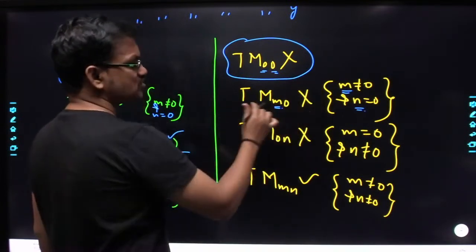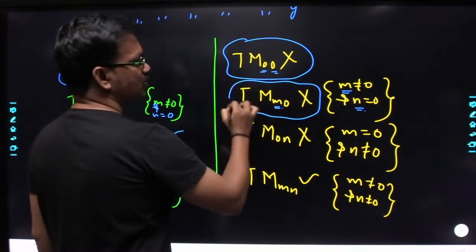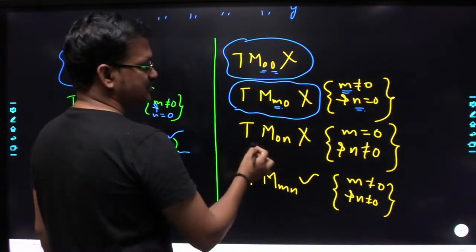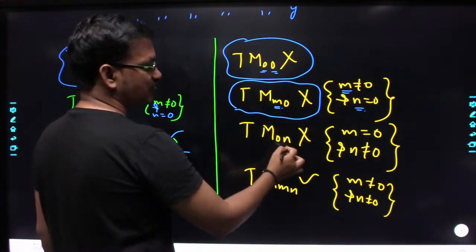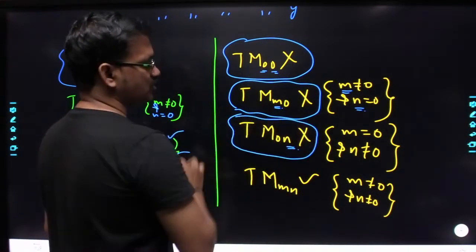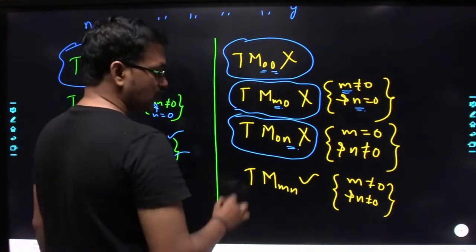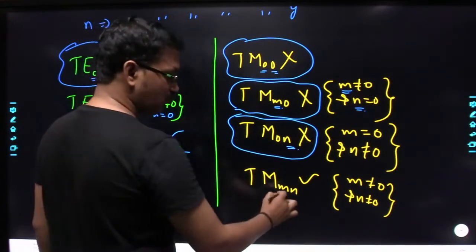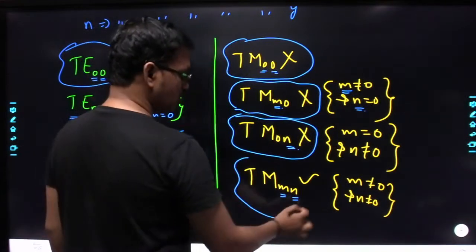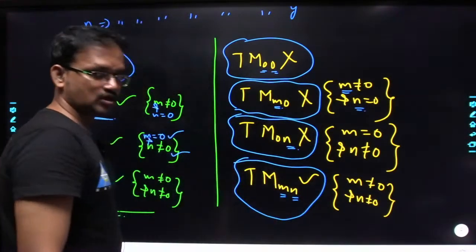So that type of mode is not at all possible in case of TM. Similarly, TM 0n means you are going to have only one standing wave pattern along the y direction. So these modes are also not possible, right? So TM mode means you must have both the standing wave patterns.